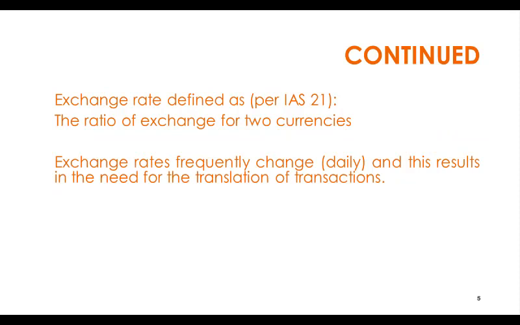As per IAS 21, the definition of exchange rate is the ratio of exchange for two currencies. As we know, exchange rates frequently change day to day, and this requires us to update our recorded transactions or translations.